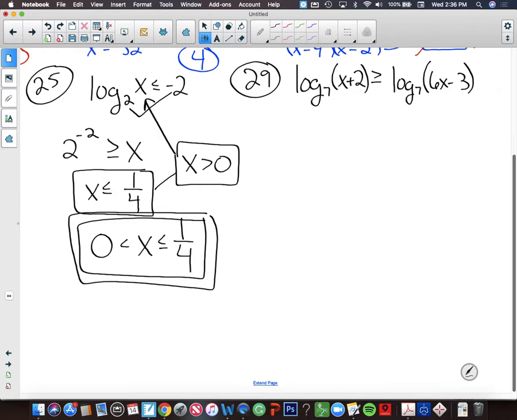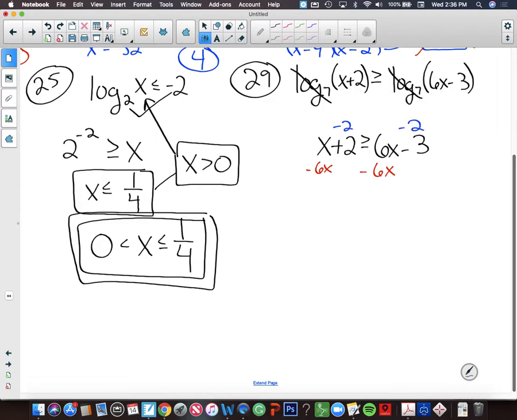So 29, looking at that, you've got the same log on both sides, cancel it out. Boom, boom. Then we have x plus 2 is greater than or equal to 6x minus 3. And then we just solve it like a normal inequality. You put the x's on the left and the numbers on the right. So minus 6x, minus 6x, minus 2, minus 2.